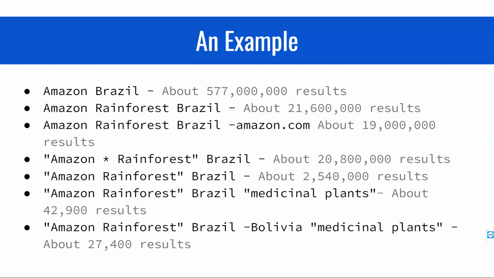If I just do Amazon rainforest in quotation marks and Brazil, I'm now getting back down to 2,540,000 results. Now, if I put Amazon rainforest, which means it will find those words must be in that, and medicinal plants, I'm down to 42,900. And then finally, if I go to Amazon rainforest Brazil, but not Bolivia medicinal plants, I'm down to 27,400 results.